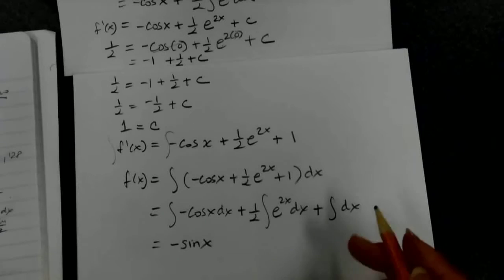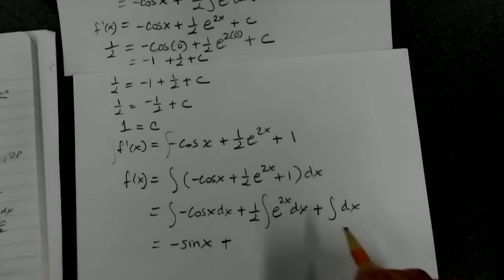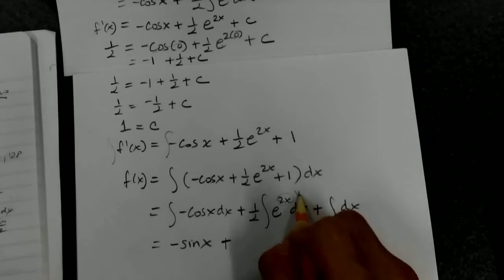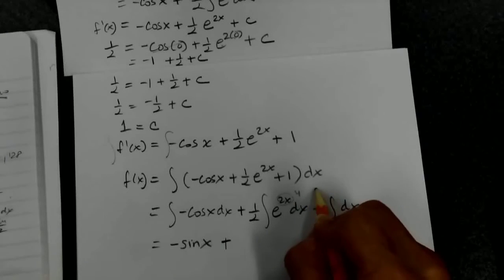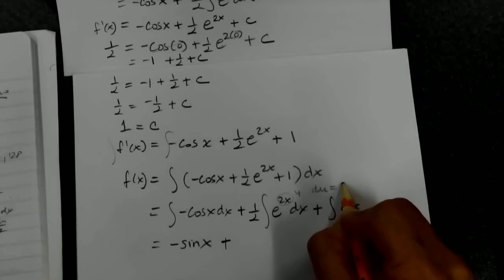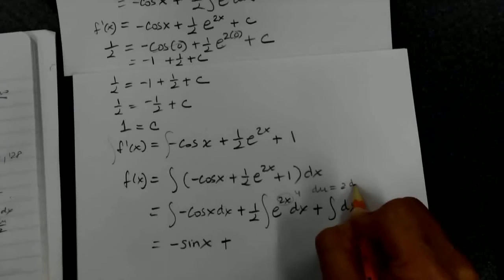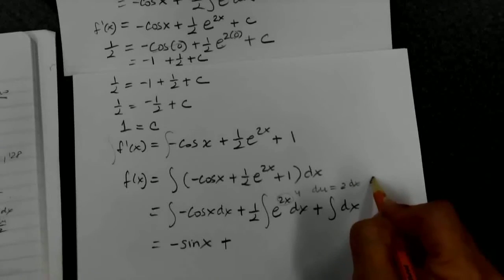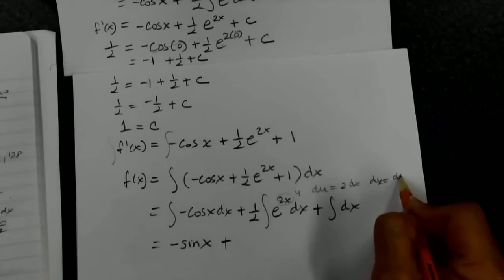And so I'm going to have that negative there, plus, same thing again, this is my u, and du would equal 2 dx, so then dx would equal du over 2.